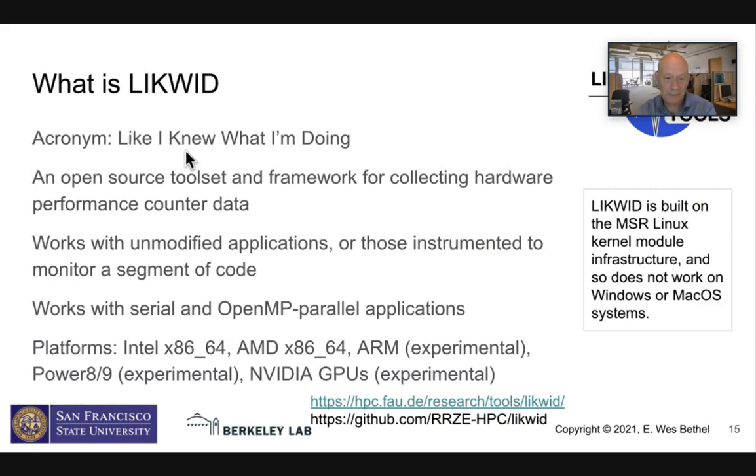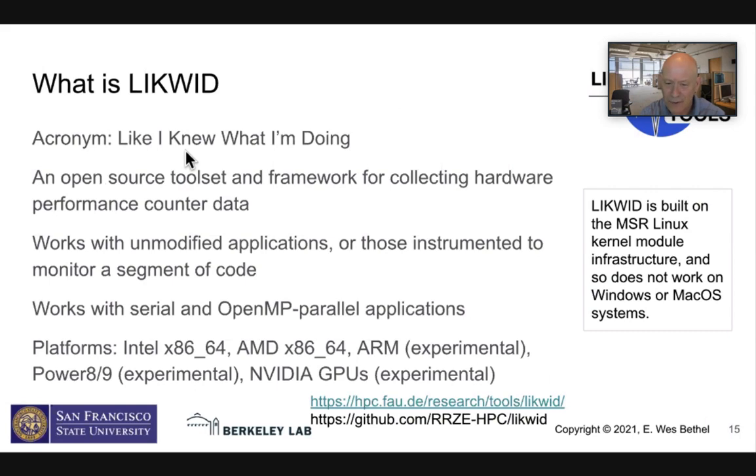Liquid works with serial or OpenMP parallel applications. There's new stuff on their website that I was looking at. It says that they support work with MPI. So we may look at that. It supports most x86 platforms.